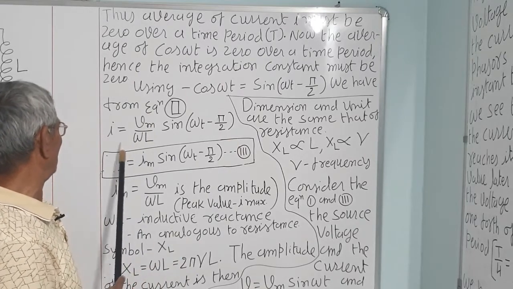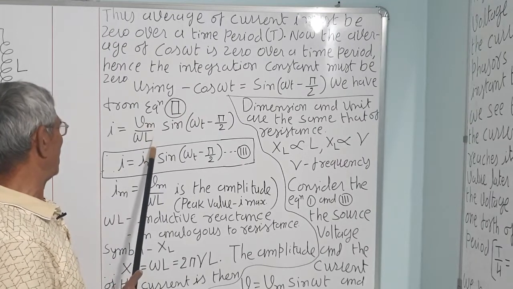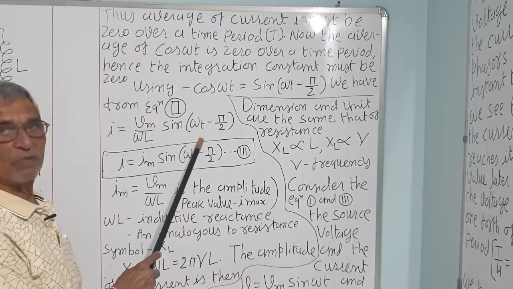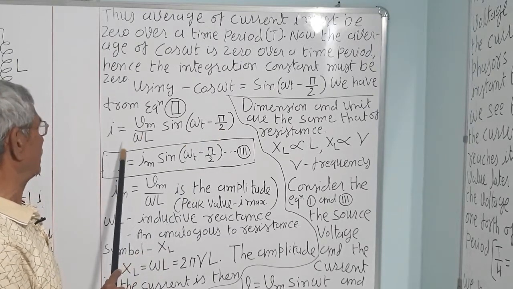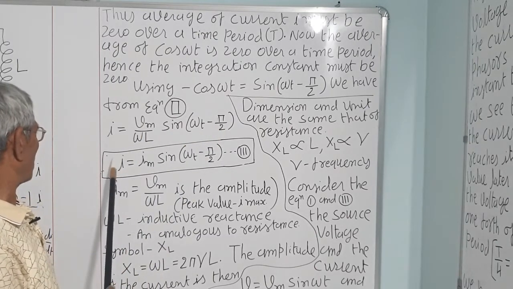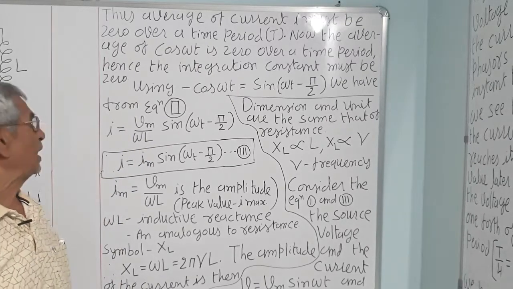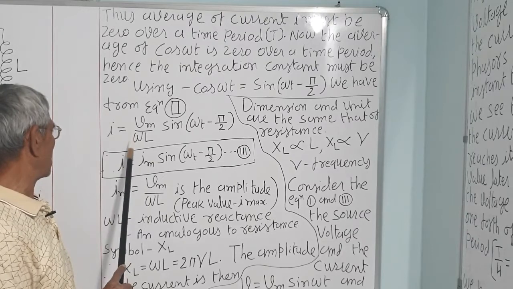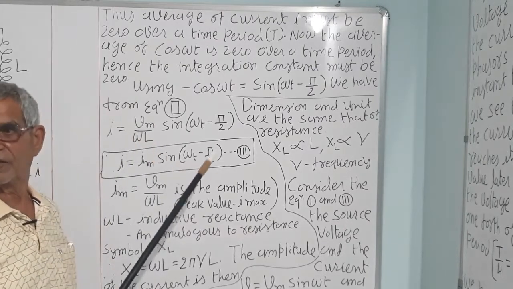V is equal to Vm sin omega t and I is equal to Vm upon omega L sin omega t minus pi by 2. There is a phase difference between these two equations. Therefore, Im is equal to Vm upon omega L. Omega L plays the role in the inductive circuit that resistance plays in the resistive circuit.